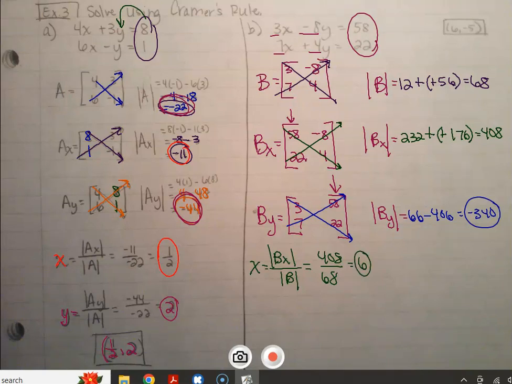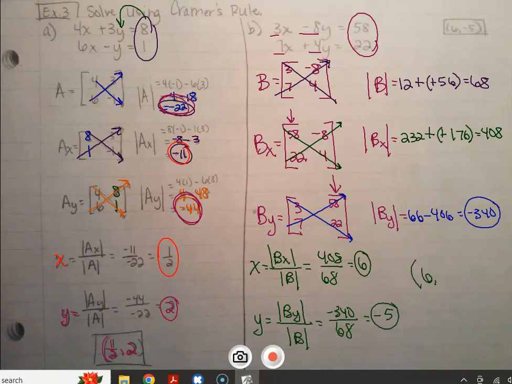Y is going to be the determinant of B sub y divided by the determinant of B. Okay, B sub y is negative 340 divided by 68. So let's try that. 340 divided by 68 is going to be a negative 5. So my ordered pair is 6, negative 5.